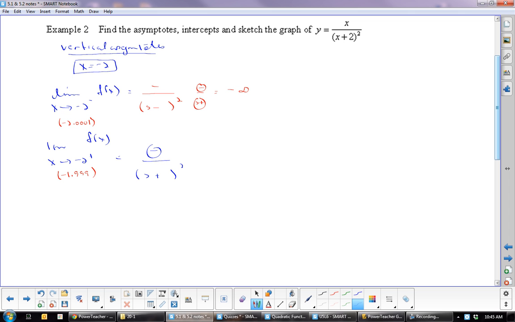Yeah, negative on top over small positive, which would still be negative over small positive. So when it hits the asymptote, where are the arrows going to be pointing? Both of them will be pointing down, right? So we should be getting this scenario.